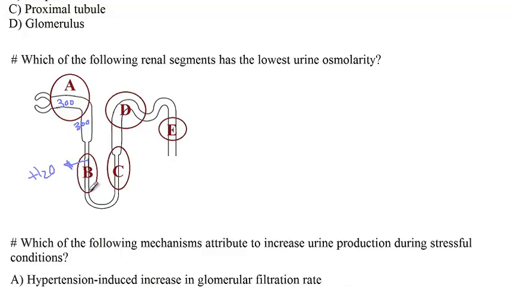So osmolarity will keep on increasing up to 1200 at the hairpin. And then in the ascending limb, there is only salts that is getting reabsorbed. So the filtrate osmolarity keeps on dropping as low as 100. And then from this point on, the osmolarity can keep increasing depending on how much ADH is being secreted. So the correct answer would be the lowest osmolarity is in the distal convoluted tubule.